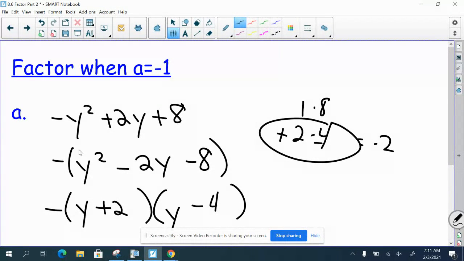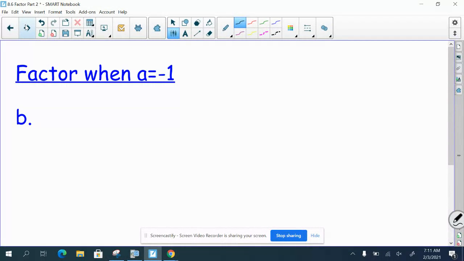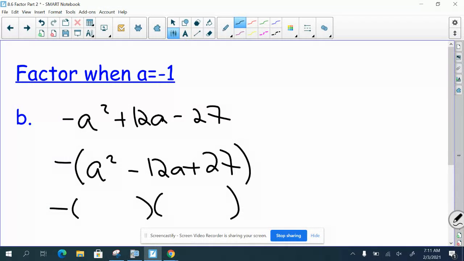Okay, so we'll just do one more example for this one. Let's do this one here. So negative a squared plus 12a minus 27, factor out a negative. So you have a squared minus 12a plus 27. If you flip the signs, and I'm going to break it into its factors. So a will be the first number.